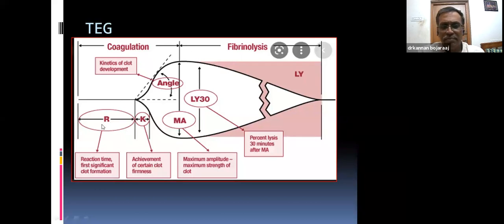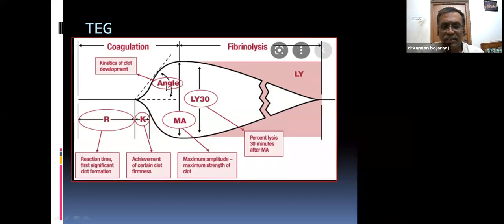There is an R time, the reaction time. There is the first significant clot formation, and this is the K time that shows the firmness of the clot. And there is an angle, the kinetics of clot development, how fast it develops into a clot, and the firmness, how firm it is. And this is the angle, called the alpha angle.